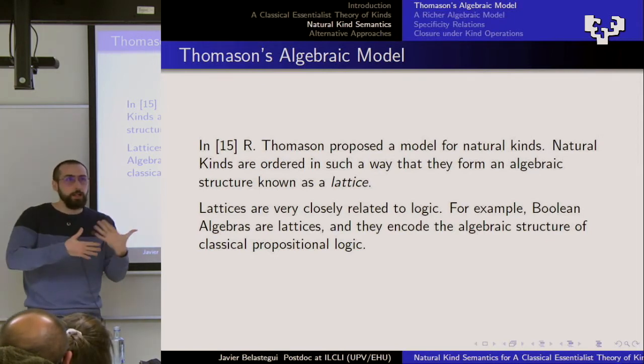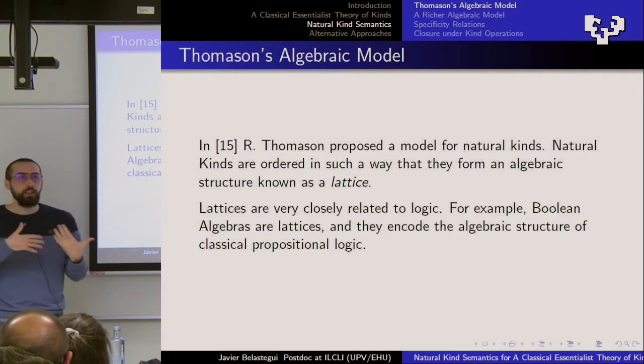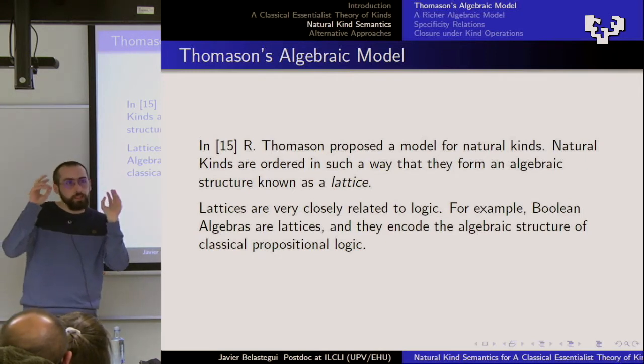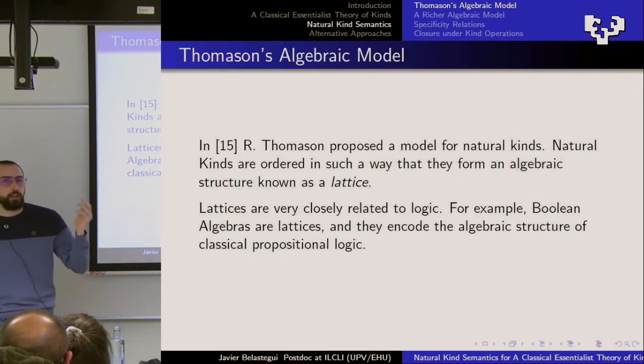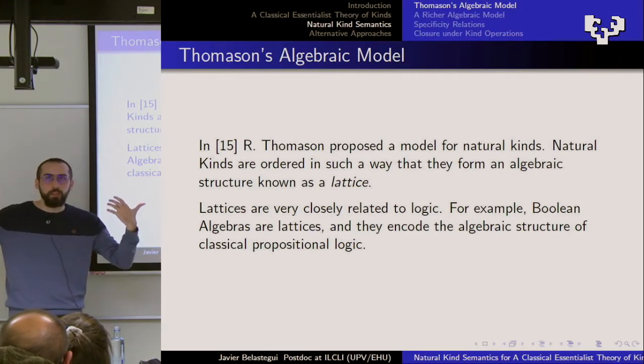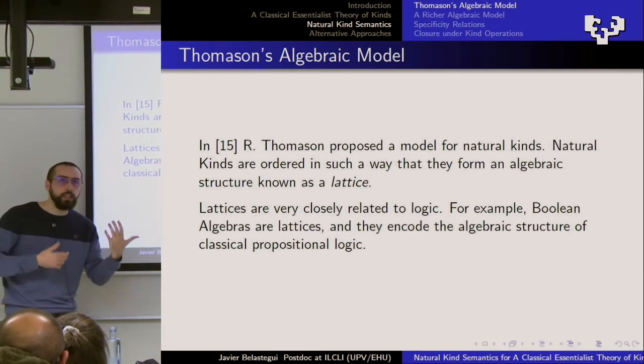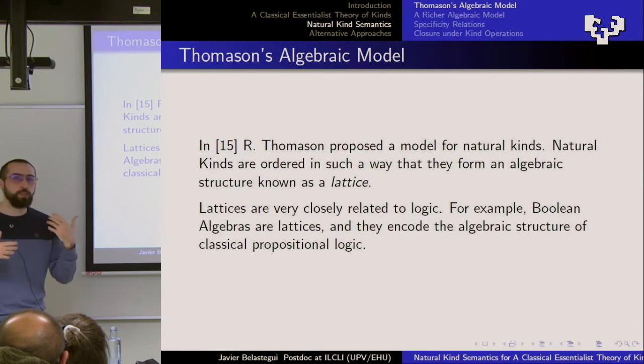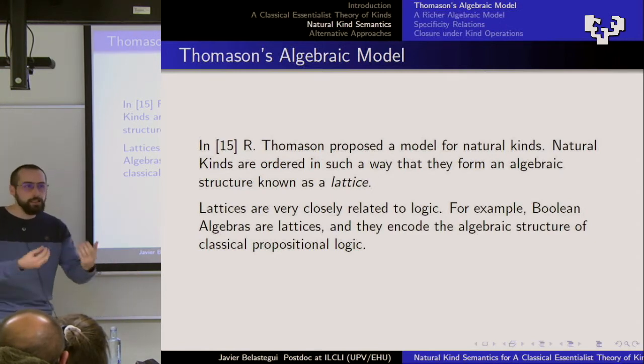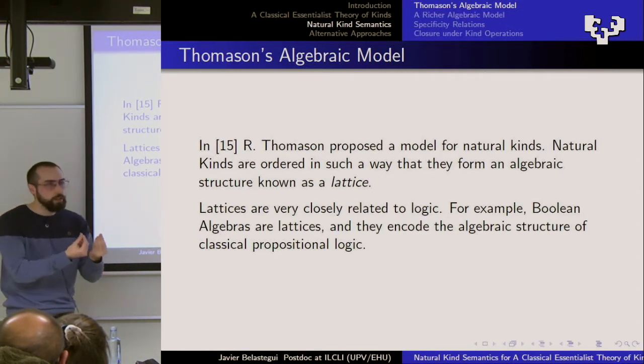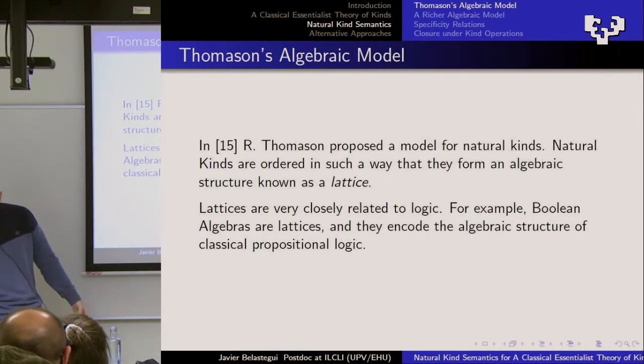You have P, and P and P is logically equivalent to P, and stuff like that. And you could think about P and P equals P, or P and Q equals Q and P, and so on and so forth. And this is the algebraic structure behind the logic, basically.